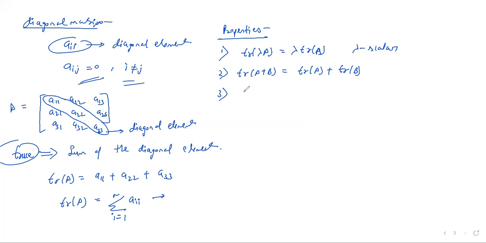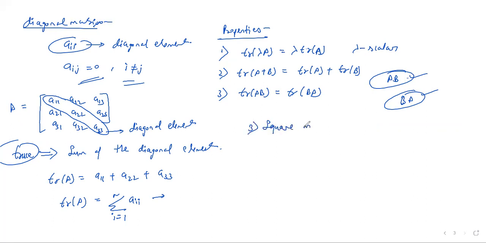The third property is that the trace of the multiplication of two matrices AB is equal to the trace of BA. Trace of AB is equal to trace of BA. Now the next matrix we have is the square matrix.